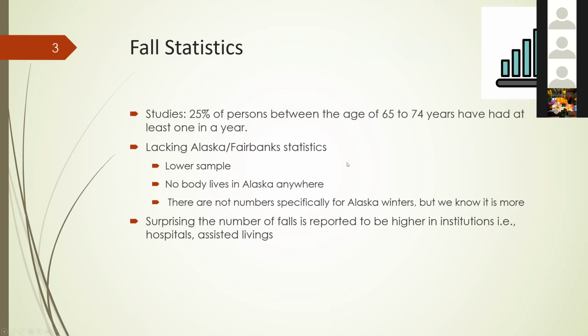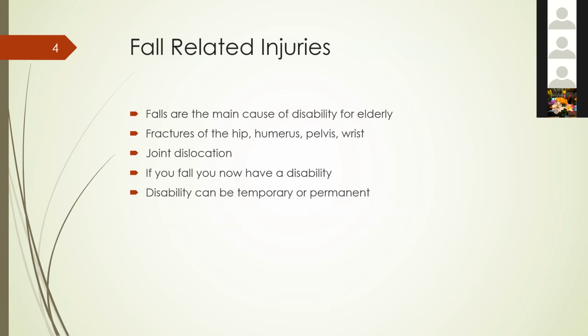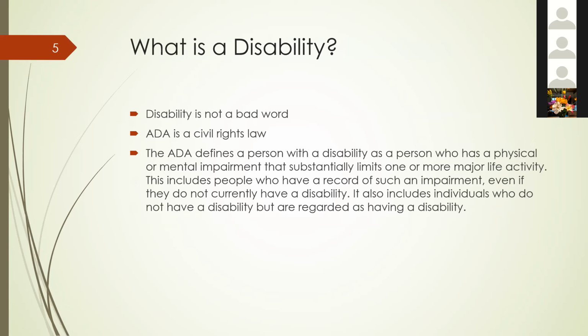The statistics, you already have. The way I'm looking at this is from the perspective of the Americans with Disabilities Act, because as an architect, that's what I focus on, trying to make spaces more accessible from a design perspective.